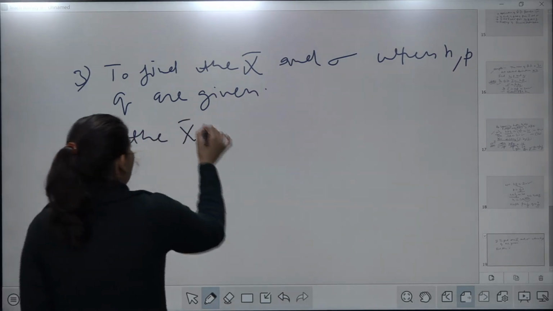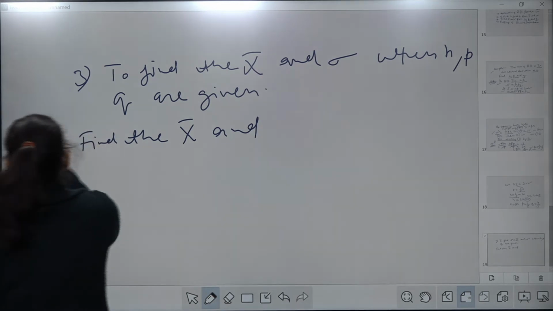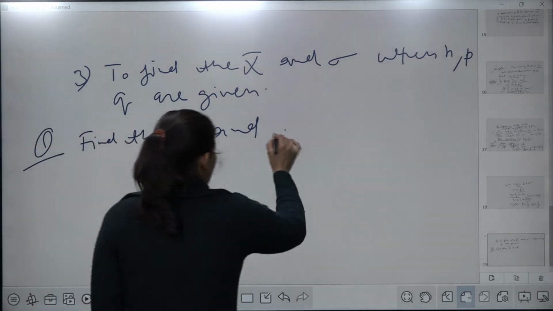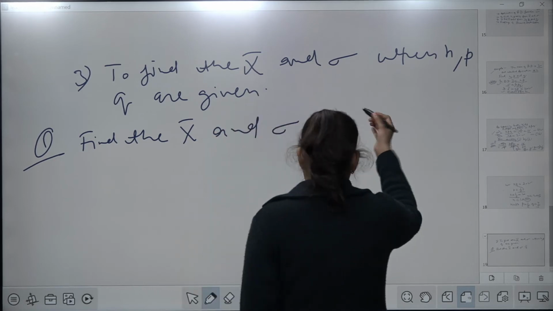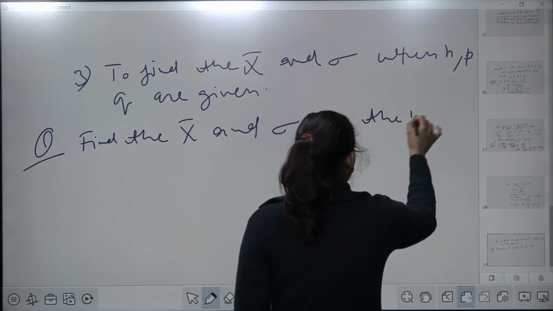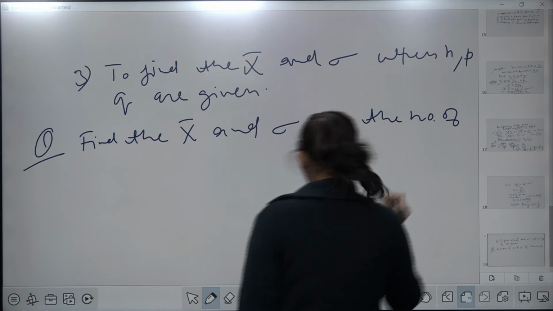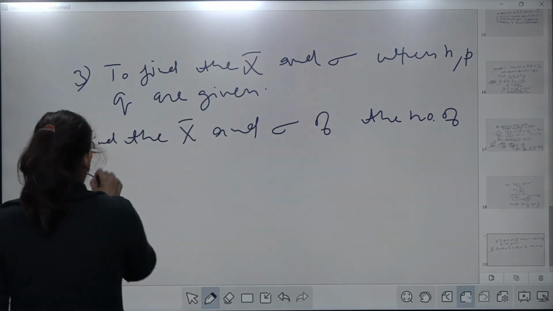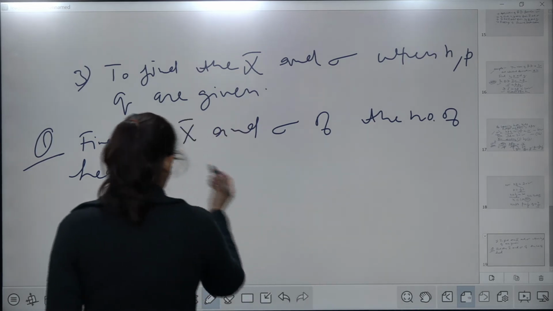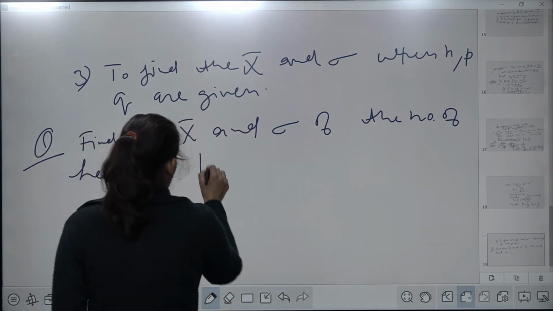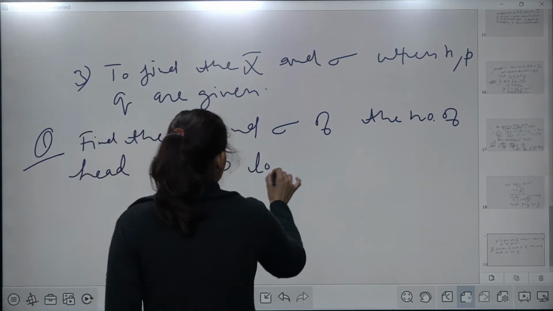Find the mean and standard deviation of the number of heads in 100 tosses. 100 tosses means the number of trials is 100.